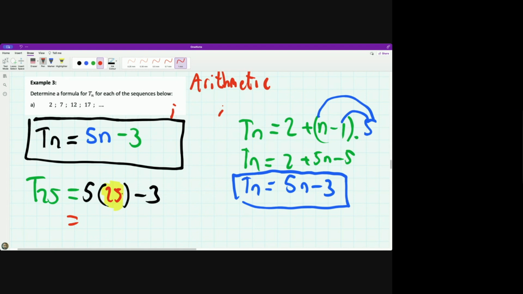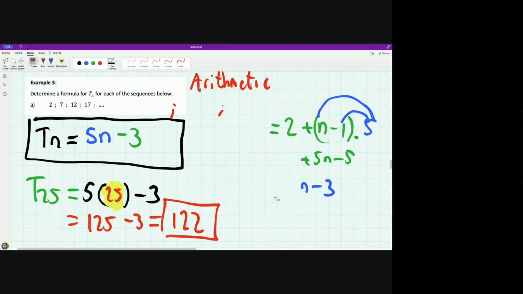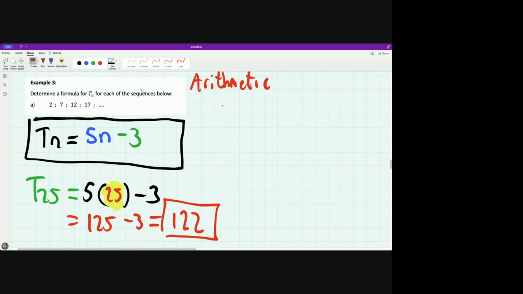So 5 times 25, oh sorry, is 125. And then I get 122. So the 25th term is 122 in this particular number pattern, right? So if I just kept on going, and eventually I got to the 25th place, I would get 122.